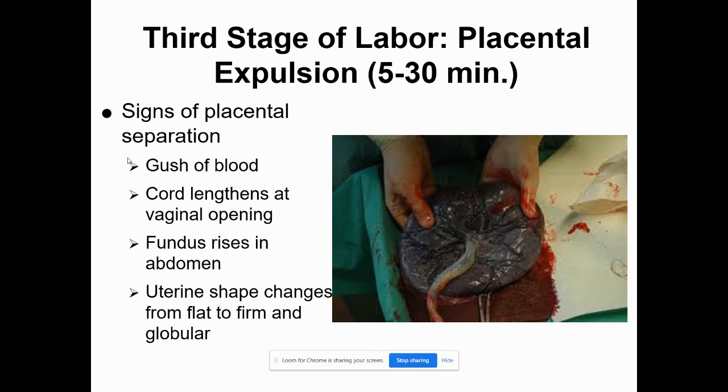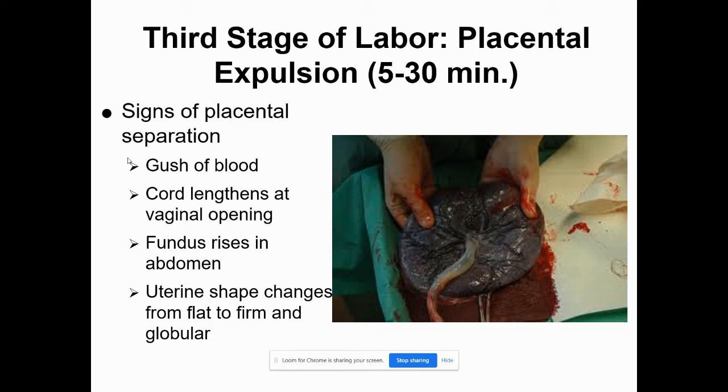And so the placenta that used to be adhered to this large surface area now has less surface area to adhere to. And so the shrinking of the uterus will cause that separation, that pulling away of the placenta.